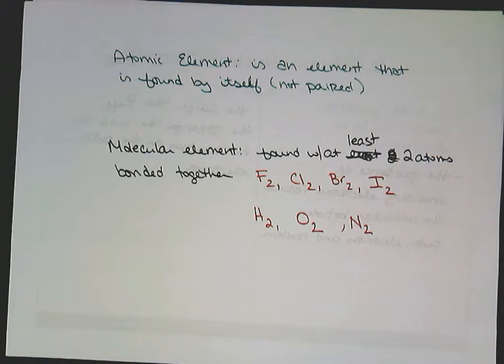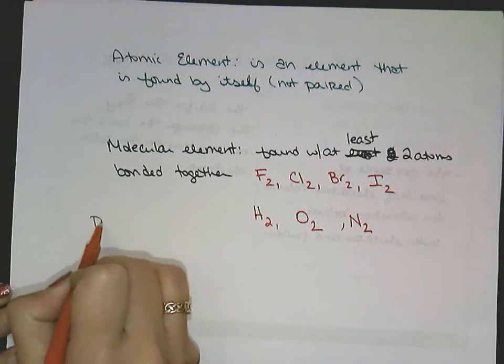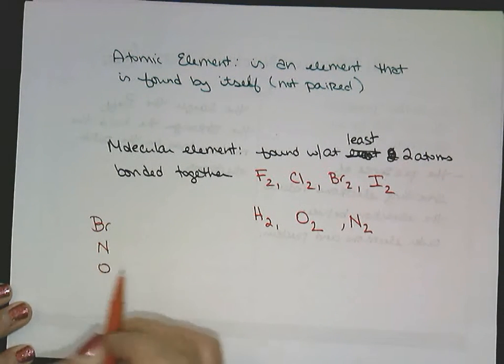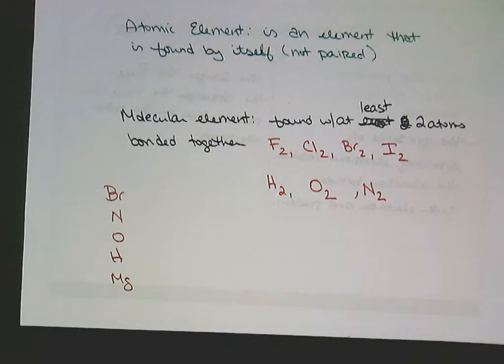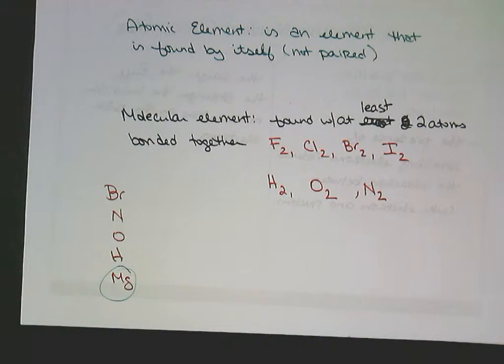It's nitrogen, fluorine. What are the other two things in that question? Bromine, hydrogen, nitrogen, oxygen, magnesium. So the question is, of the following, which one will be found by itself? Magnesium is the right answer.